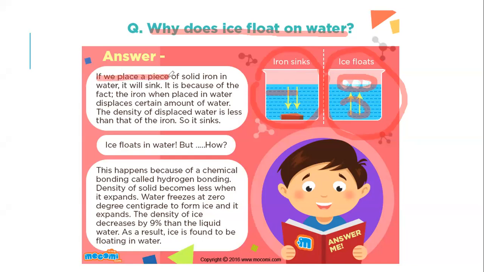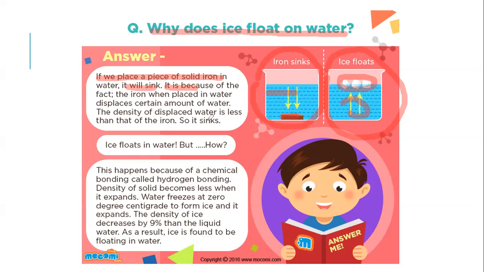So if you place a piece of solid iron in liquid iron, it will sink. They made a mistake here in the diagram. It's supposed to sink because solid iron has more density than liquid iron.